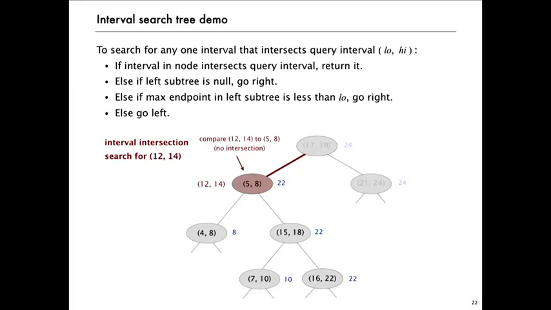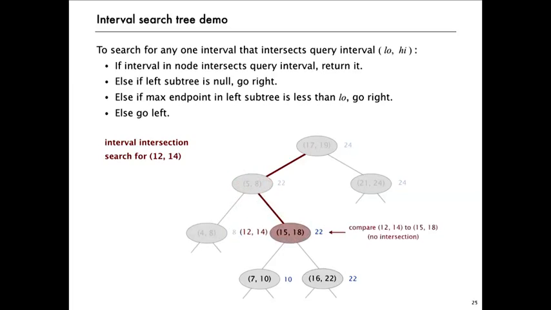Should we go left? Well, no, the maximum endpoint in the left node is 8, so we can't have an intersection there, so we're going to go right. Compare 8 to 12 and go right. Now does 12, 14 intersect 15, 18? It does not. So now, should we go left?